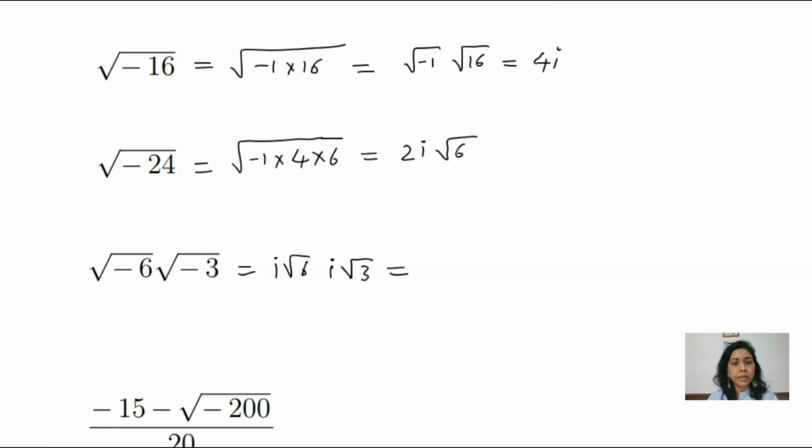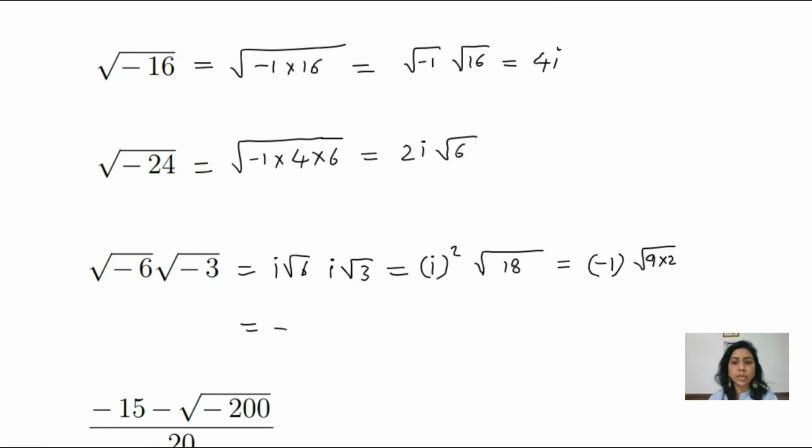Now i multiplied by i is i squared, and square root 6 times square root 3 is square root of 6 times 3, which is 18. i squared we know is -1, and square root of 18 we can write as square root of 9 times 2, and with the -1 we can write just minus.